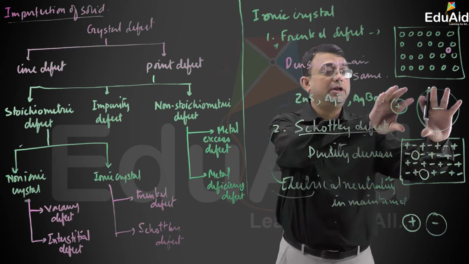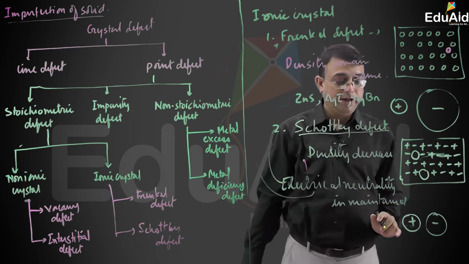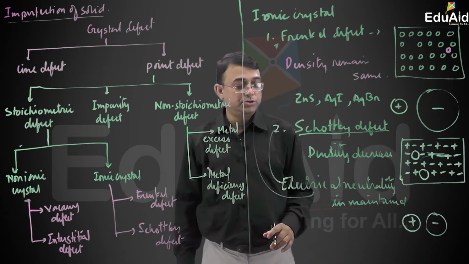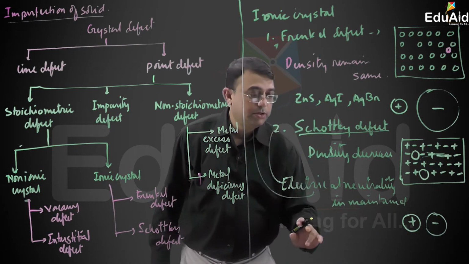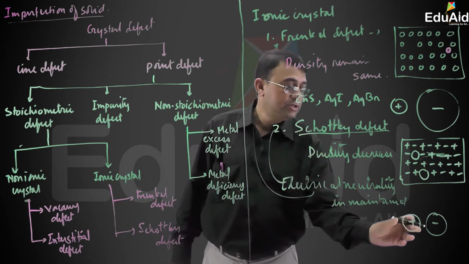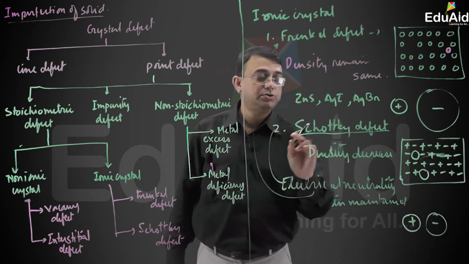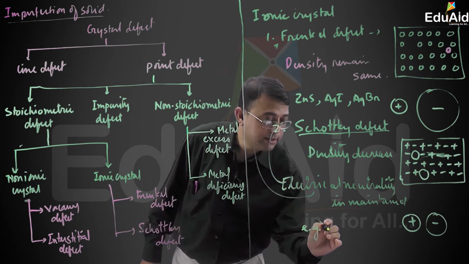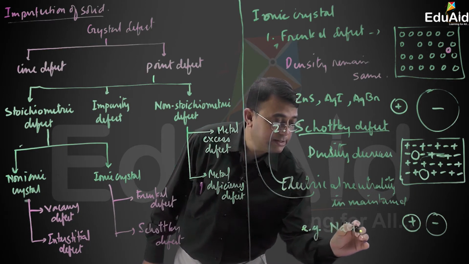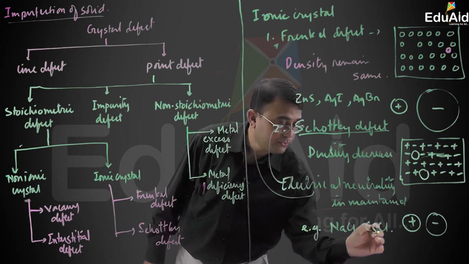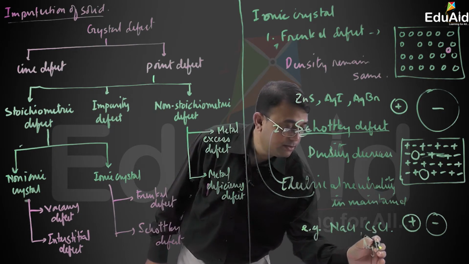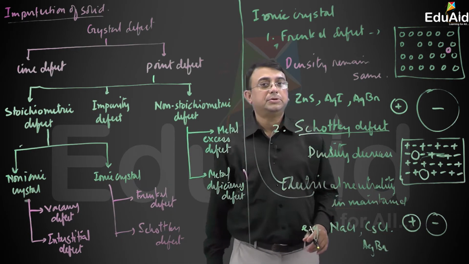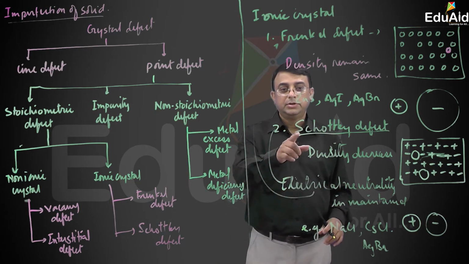If that difference is very large, it will show Frenkel defect. So crystals in which the size difference is less will show Schottky defect. Examples are sodium chloride, metal halides, cesium chloride, silver bromide, etc. These types of substances will exhibit Schottky defect.